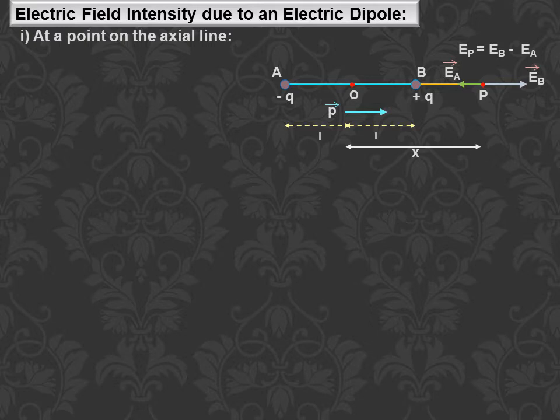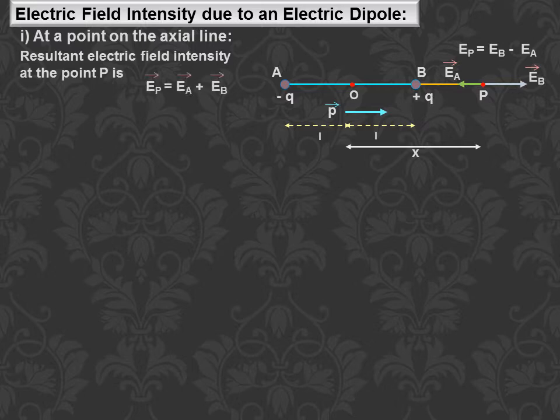Therefore, the direction of electric field due to minus q charge is taken as EA, which is towards A, and the direction of electric field intensity due to plus q charge is taken as EB, which is in the opposite direction of EA. Therefore, the resultant electric field intensity is obtained, which is equal to EB minus EA.